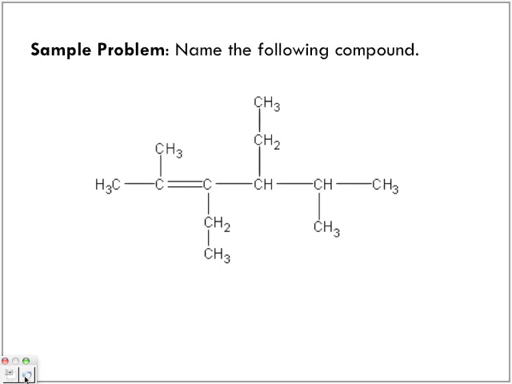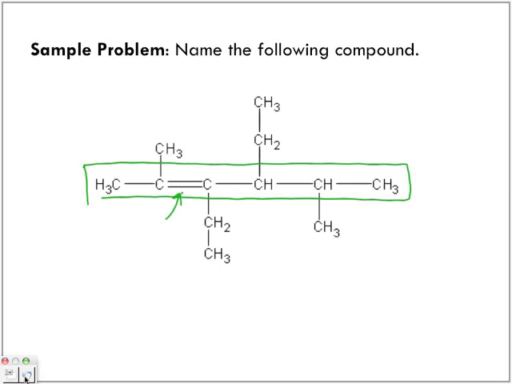Now remember, when we try to find the longest chain, here's a double bond right at this position, so we want to make sure that our chain includes that double bond. Before we number the carbons, how many carbons do we have? We've got 1, 2, 3, 4, 5, 6 carbons. So we've got a hexane.